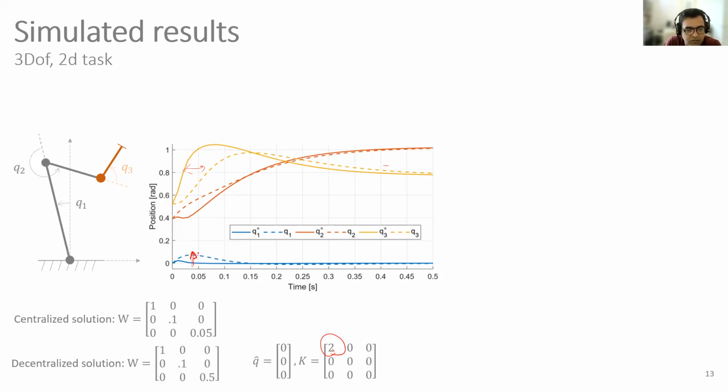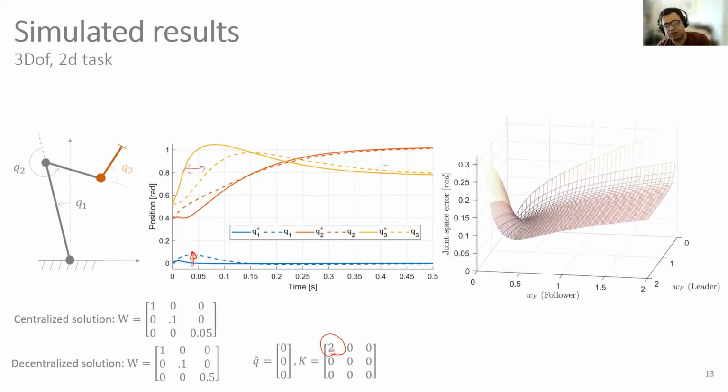So the leader kind of sacrifices a bit of his null space or his posture to tell the intention to the follower. The follower picks up the intention, and then it can go back to its preferred posture. And how they should agree on the contribution of the follower is the same behavior as before.